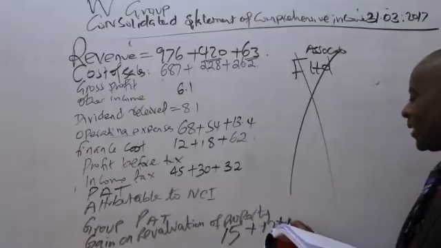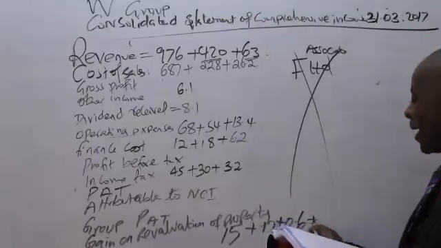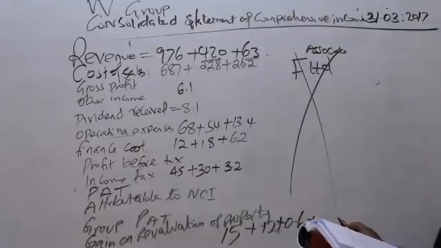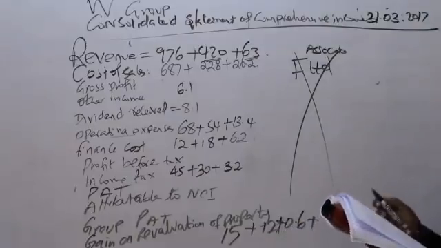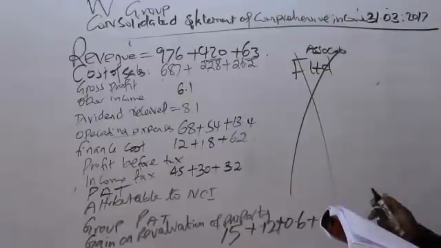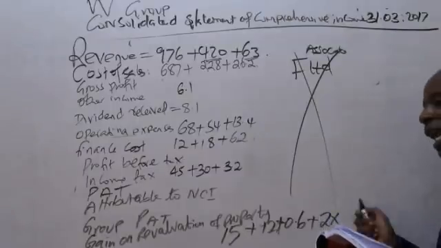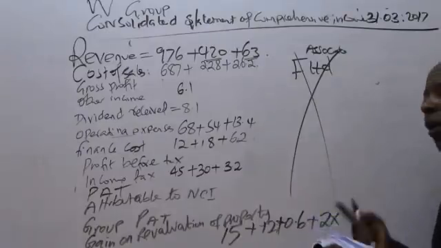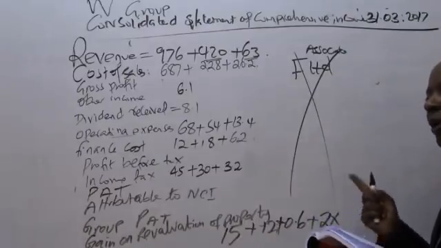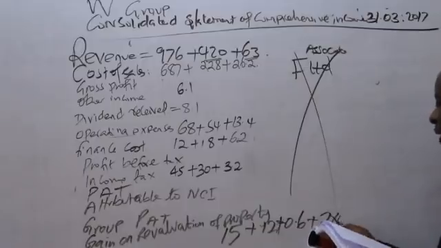So 60%, 0.6, thank you very much. Plus the gain on revaluation of F, which is 2 there. So 2 times, do we know the shareholding in F? From note number 1 and note number 2, to be consistent, this will be 90%, which is 0.9.